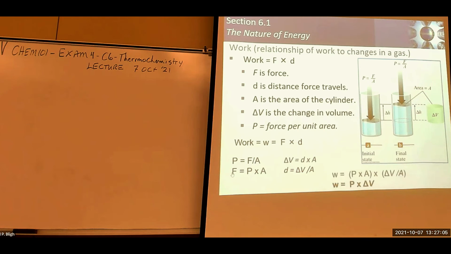Now let's see what it looks like. We have pressure times area over here, and then we have delta V divided by area. So the areas cancel. The area term is gone. And all you're left with is P times delta V. So work, in this case, is a constant pressure and a change in volume.